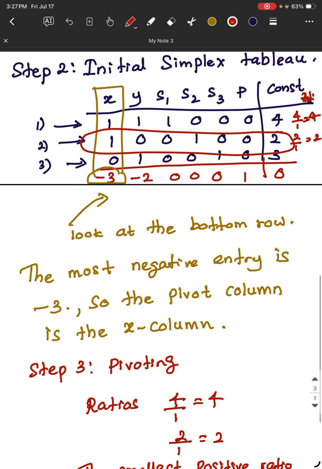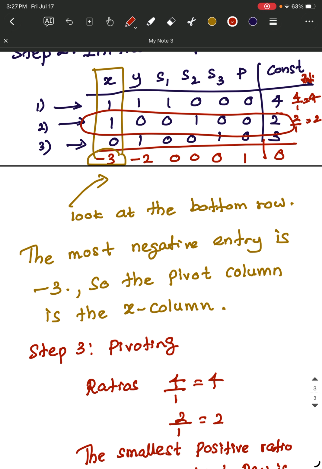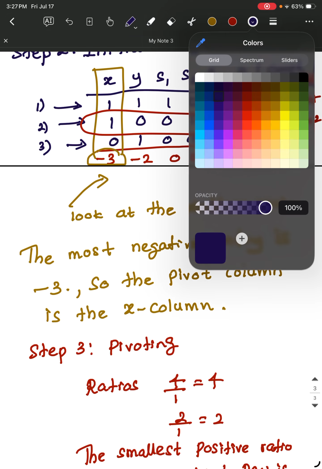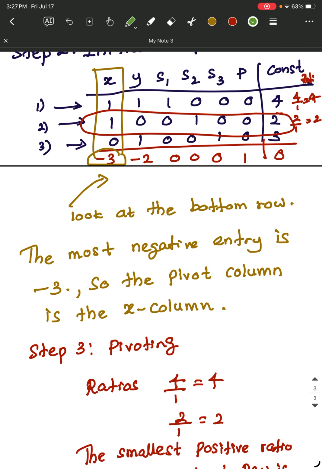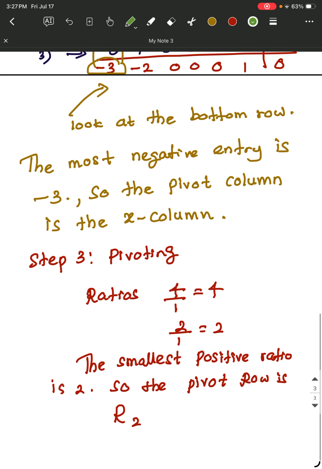Then the pivot element is where the row and column intersect. So the pivot element is 1.